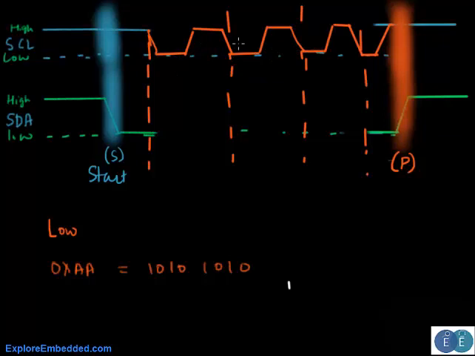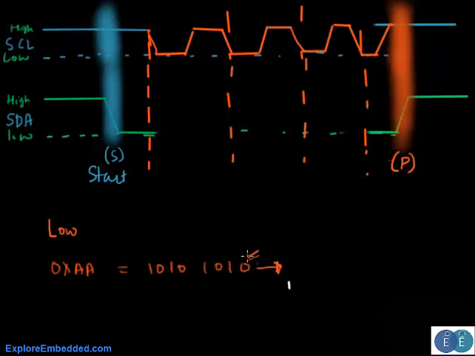Since we have 3 clock pulses here, let us say we want to transmit 3 bits, and there is one more important point to note here. The MSB goes out first. Okay, so if you want to transfer 8-bit data on this, the first bit that goes out is the MSB.